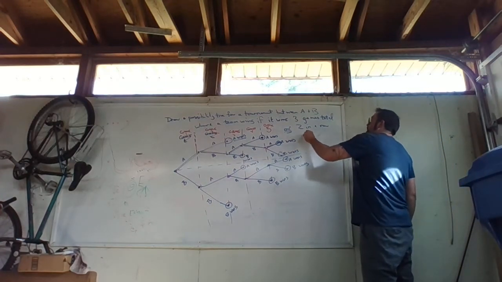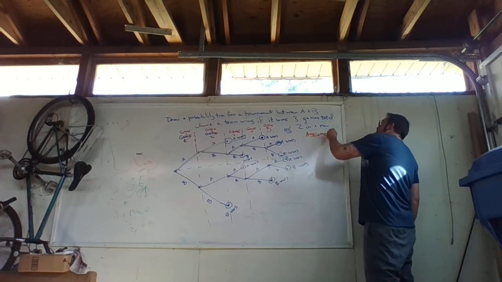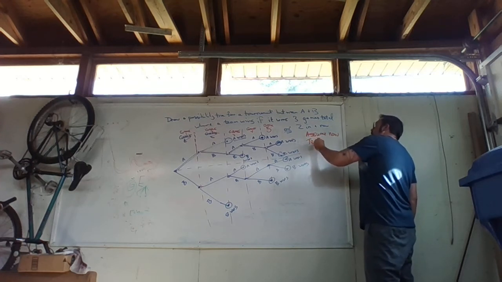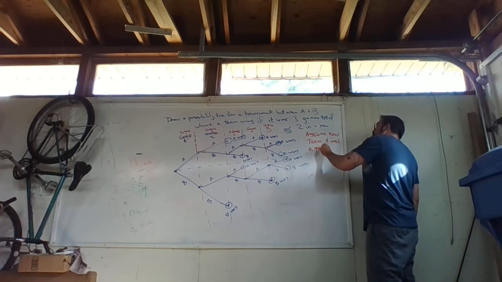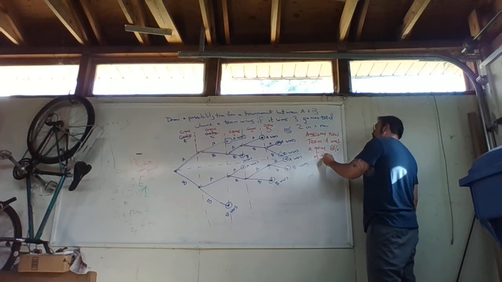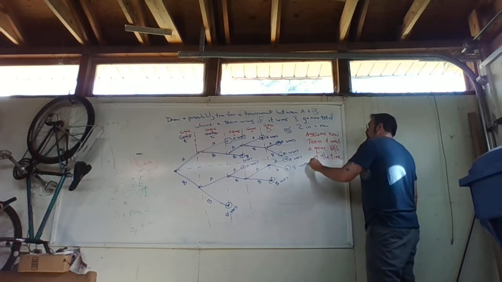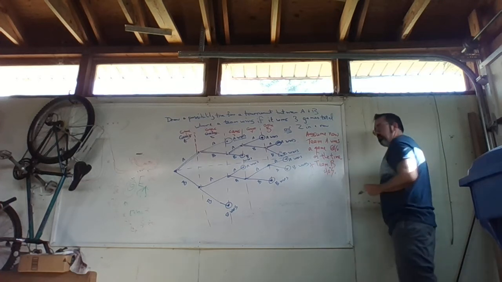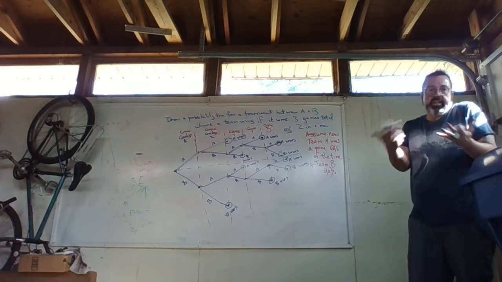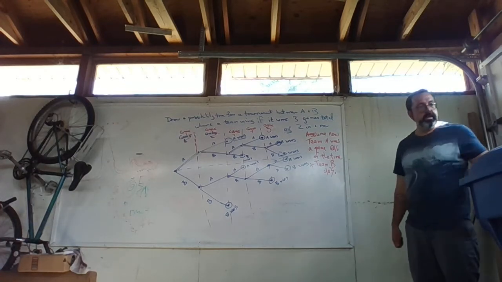So let's assume now that Team A wins a game 60% of the time. And Team B 40%, right? They win whenever Team A doesn't, so they'll win 40% of the time.